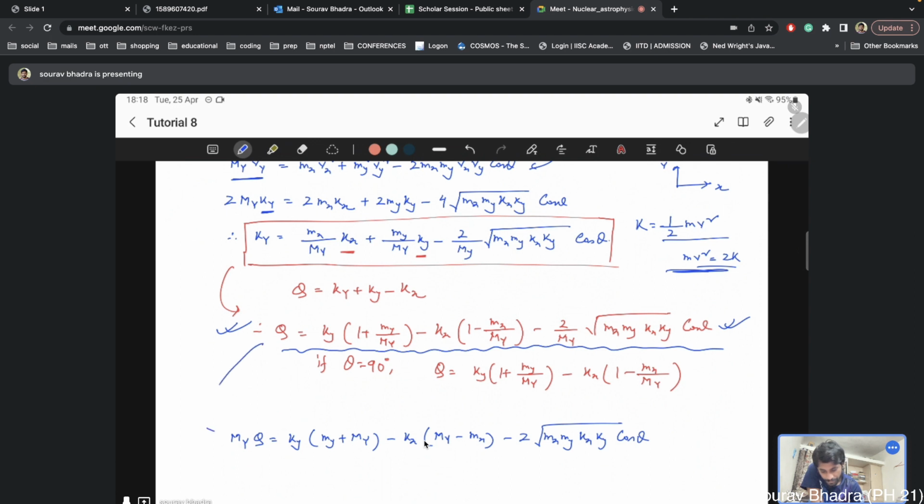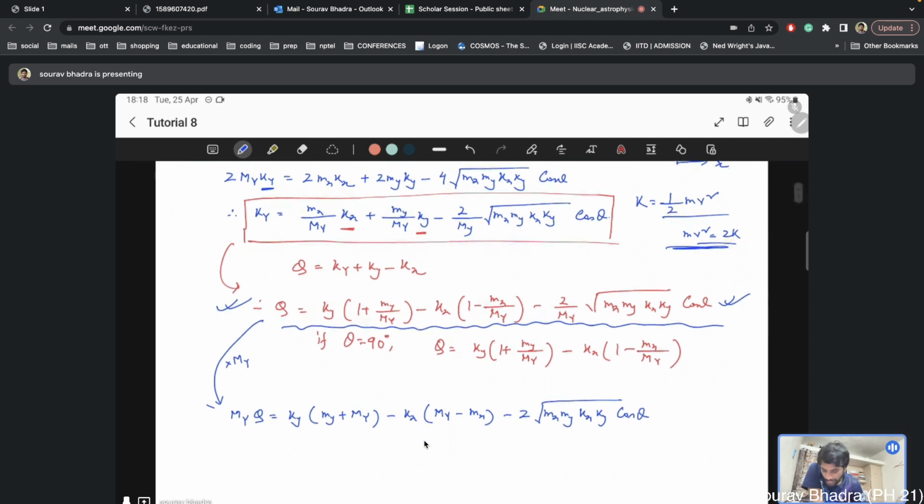I am just multiplying by My. So don't get confused between x and multiplication sign.